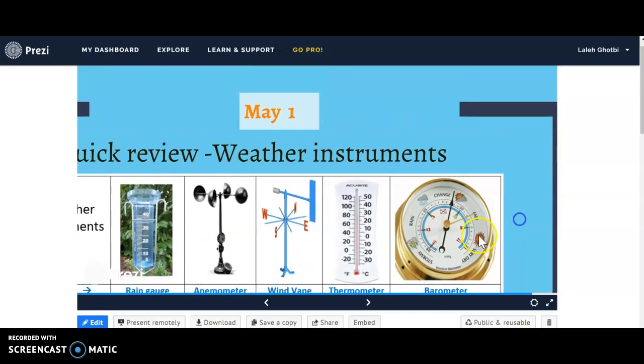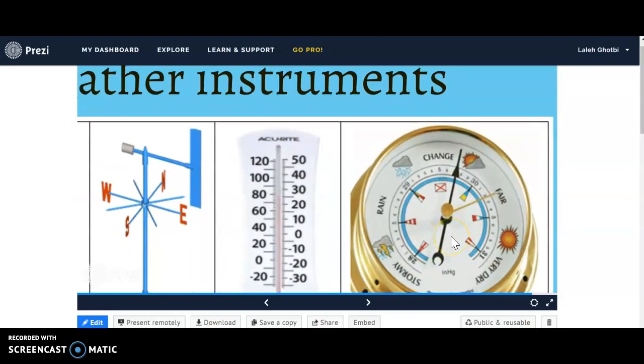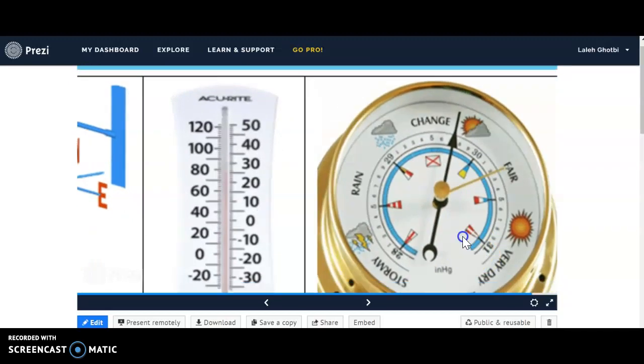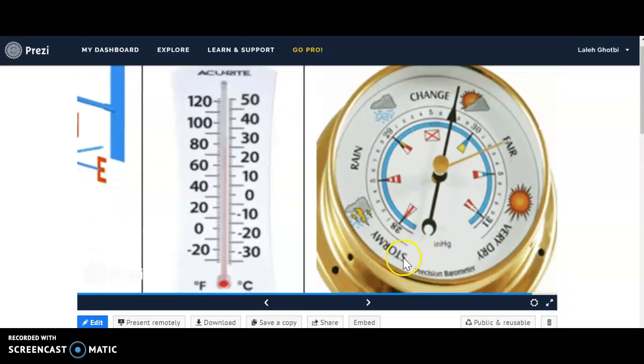I'm going to get closer here. Do you see when the air pressure drops from 30 and gets close to 29, we expect to see a storm. Even when it goes below 29, we have a greater chance of storm.